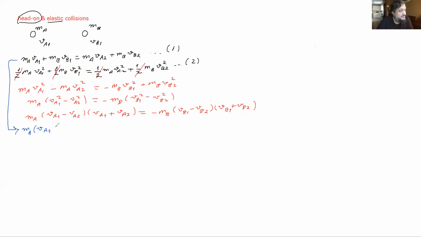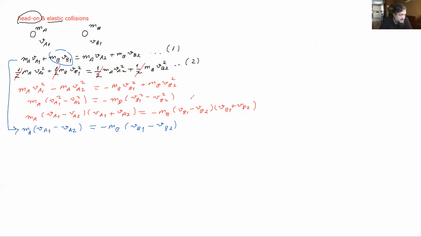All right, ma times (va1 minus va2), and bring this term to the right-hand side with a negative sign, negative mb vb1. Now I have plus mb vb2. There's a negative here, minus here, so I need minus over here as well, so negative mb times (vb1 minus vb2). Okay, this is nothing but the first equation.